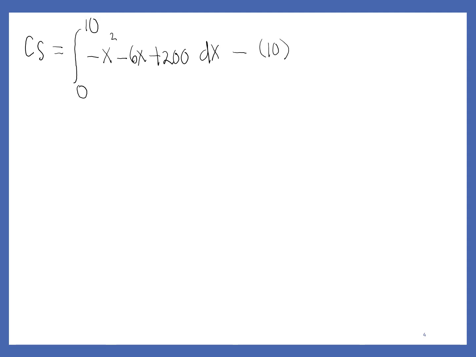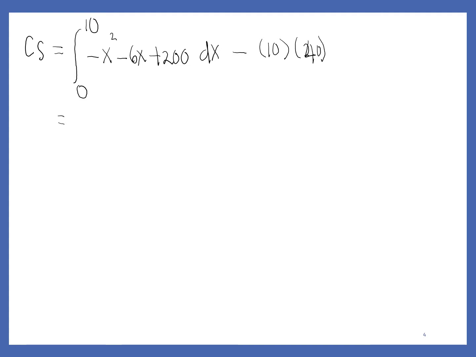Okay, so the first one, we want to find the consumer surplus, and you can refer to the formula given, which is we integrate from 0 until 10. So we need the demand curve here, the function of x, and then minus the value of point 10 and 40.